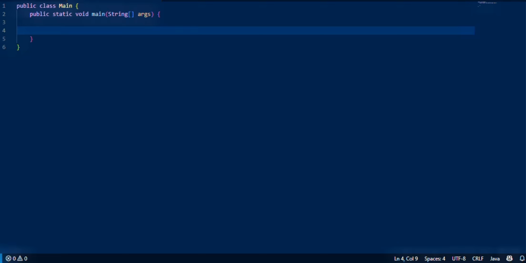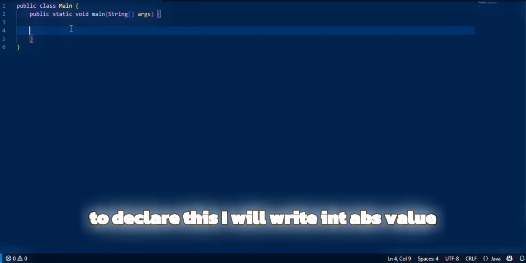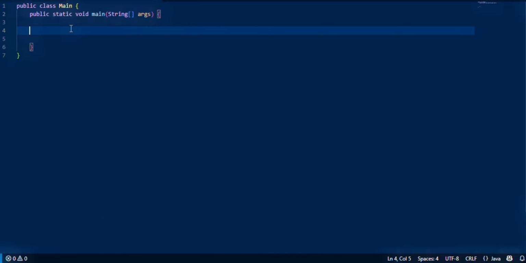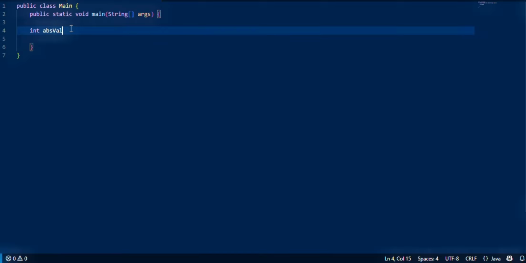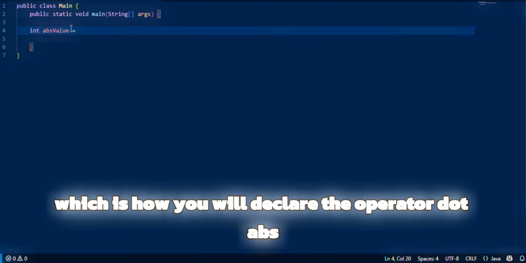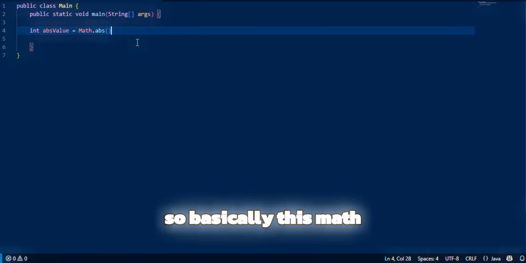The first example I will talk about is Math.abs, which is also known as absolute value. To declare this, I will write int absValue equals the Math keyword with .abs, and in this I will put -10.